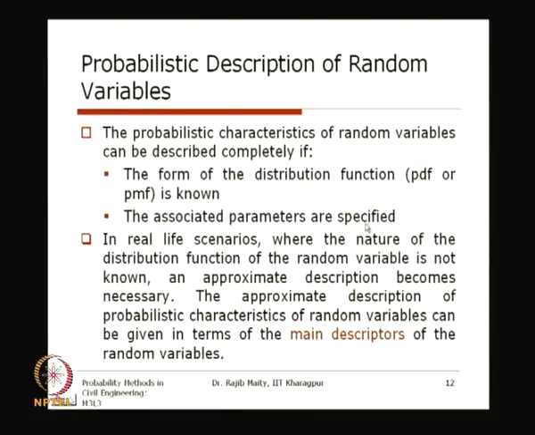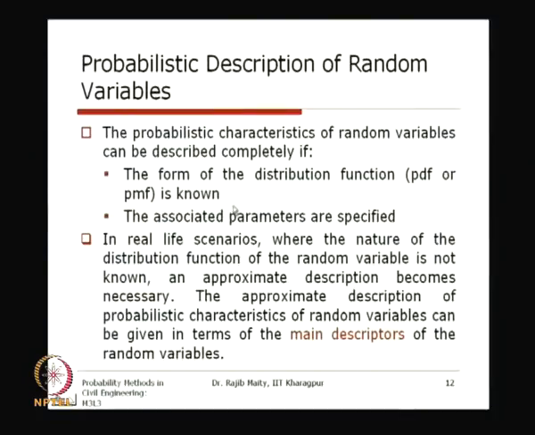For example, for the exponential distribution, lambda e power minus lambda x, lambda is the parameter. So if we know the density function PDF is of exponential form, and if we know the value of lambda, then it is completely known to us, the total distribution is given to us. So, this is what is meant by this point.